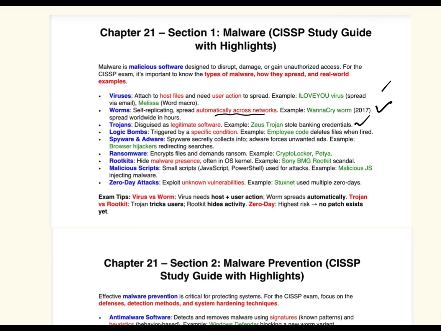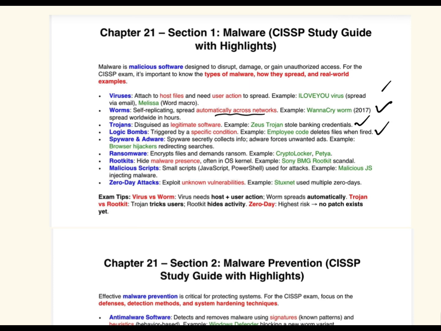That is important, and they can spread automatically and very fast, in hours and globally. Trojans use legitimate software to trick users into installation. Once installed, they create backdoors or steal data. Trick users into installation, not self-replication. So that is Trojans.